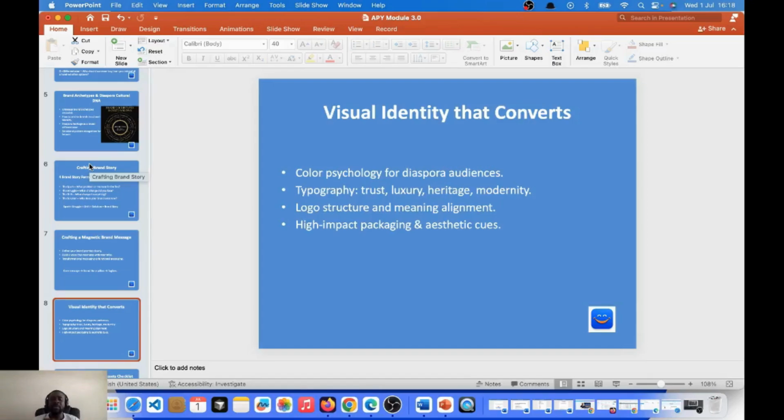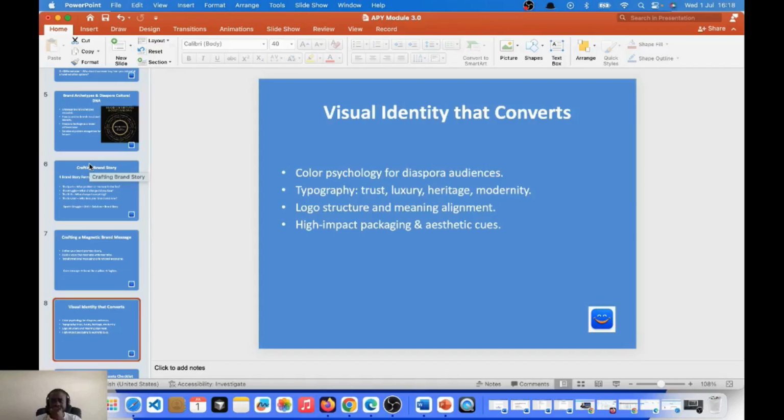You believe the typography is chosen at random. You believe your logo should just be designed the way you want, and that the packaging is all about you. None of the things I've listed is about you. This should be about your targeted audience. It must speak their language. It must speak their identity.